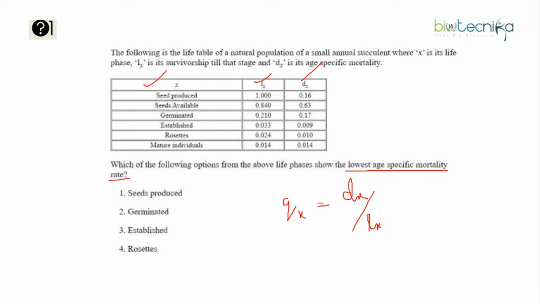I've given you the formula, age specific mortality, Qx equals dx by Lx. Take your pen and paper. Quickly find out for each of these stages. So seeds produced, what is the Qx? Seeds available, what is the Qx? Quickly do this and tell me what should be the answer.